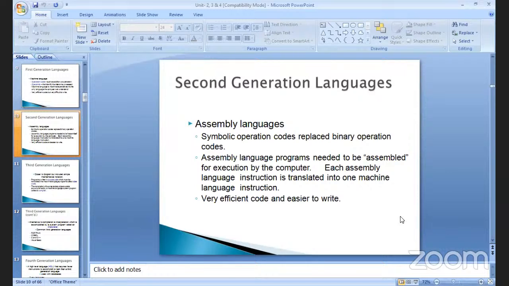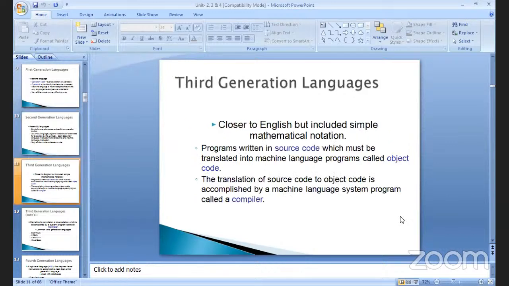Each assembly language instruction is translated into machine language, as per the instructions. It is easy to write and easy for the computer to understand.